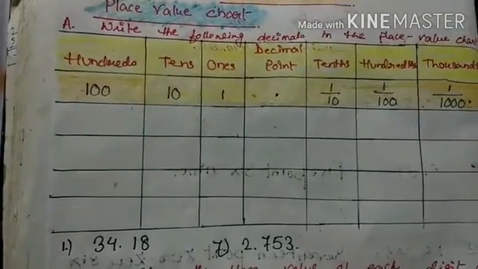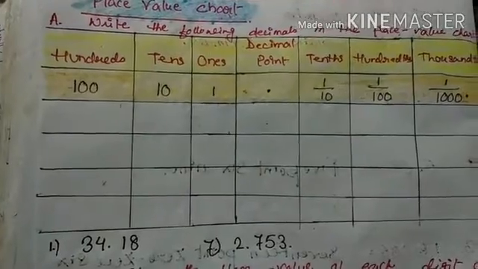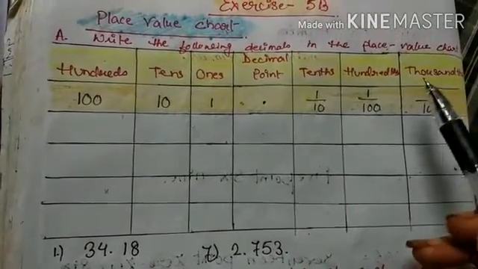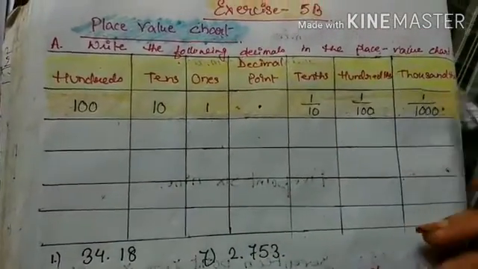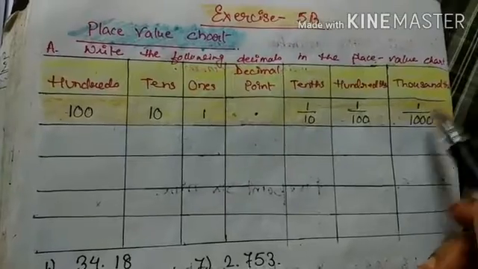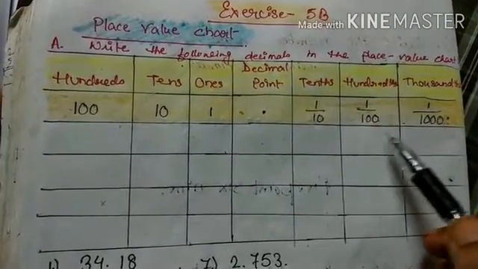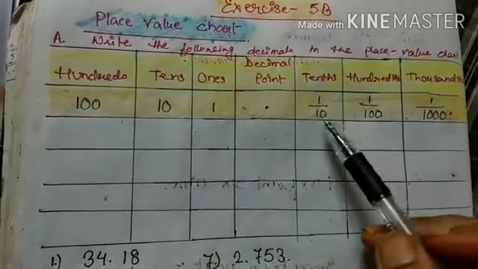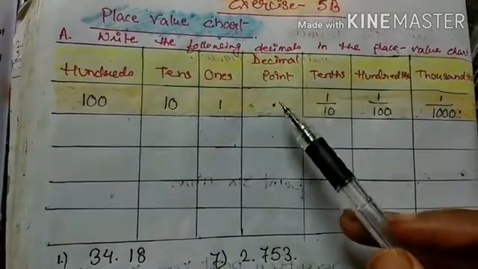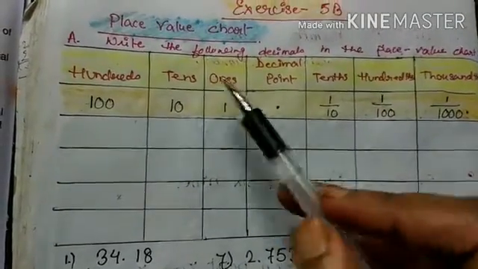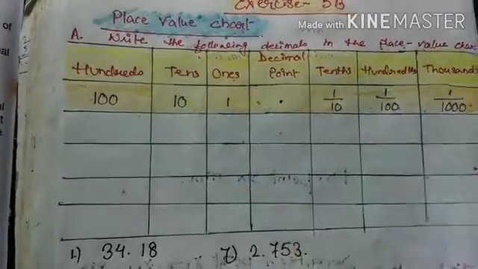The first number is 34.18. You can see here the place value chart. There is thousands, 1 by 1000, hundreds, 1 by 100, tens, 1 by 10, decimal point, then ones, tens, hundreds.